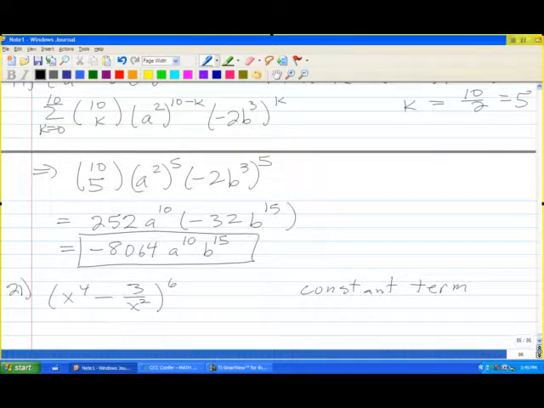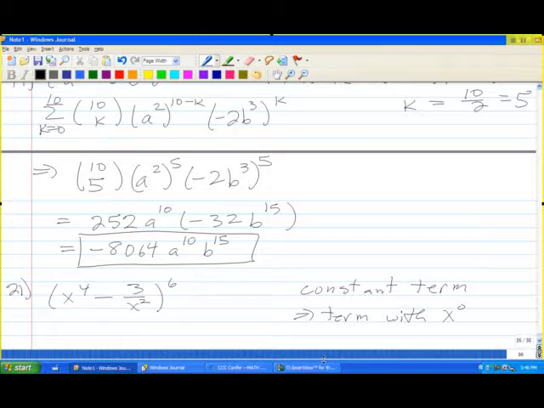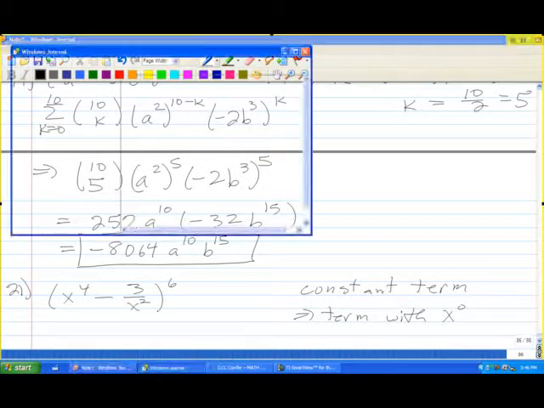A constant term is a term that only consists of numbers. So what that means here is that I want a term with x to the 0 as a power.